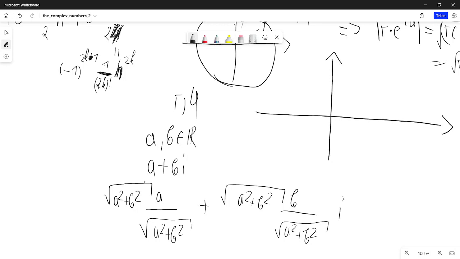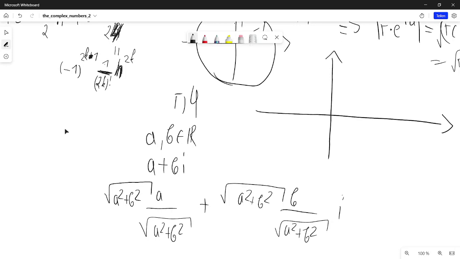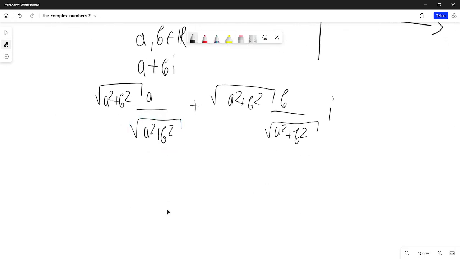Right, nothing changes at all. But this is now, of course, since A is a subset of R, smaller or equal P plus B squared, we have the same with B, of course.